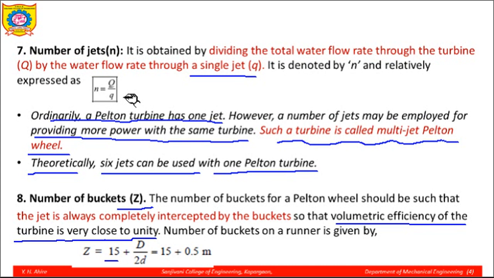The second type of numericals are to find the various performance parameters like the different efficiency terms, the calculation of force, and the calculation of work done by the water on the Pelton turbine. So there are those two types of numericals in this Pelton turbine unit, that is unit number 2. Okay, thank you.